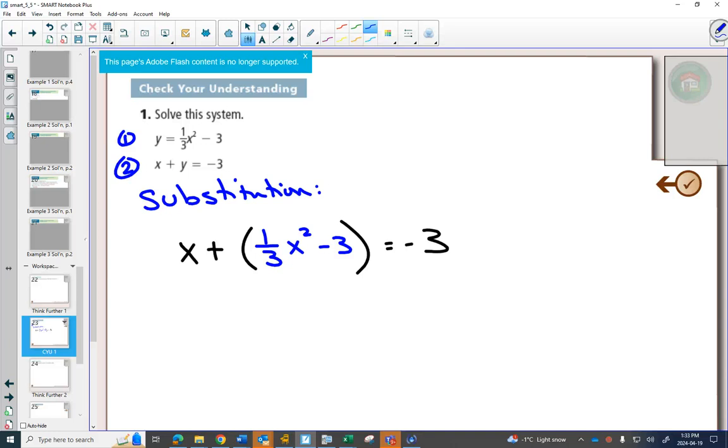What do we do with quadratic equations? We make one side equal to 0. I'm going to rewrite it. I'm going to write the x squared first. And then I have an x. And can you see when I add 3 to both sides, I get 0, so I wouldn't have to write it.